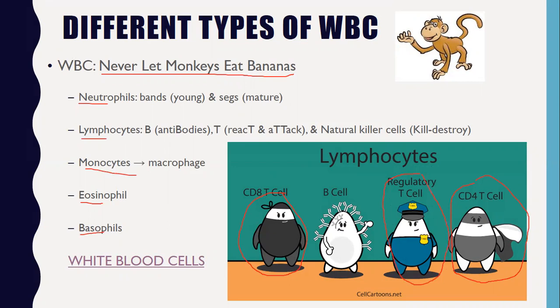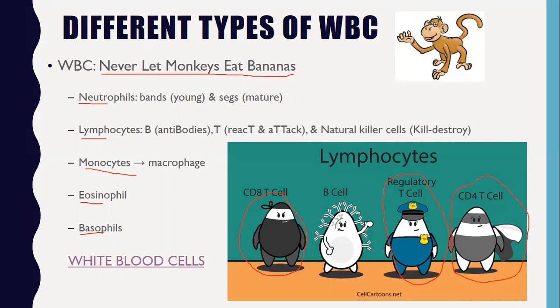So his job is to keep our immune system in check so that we're not overreacting to things. And then we also have memory T cells that will remember and recognize previous antigens. So if you've already had the flu and then you come back in contact with that same flu, it's going to be able to say, hey, I've seen you before and you're not welcome here. And so it will start that immune response.